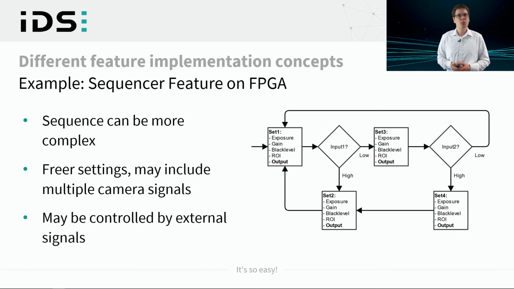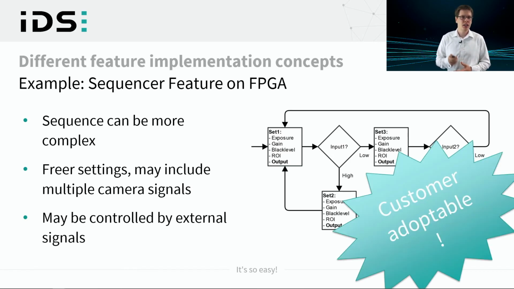This is a simple example why often FPGA implementations are of wider use, especially this is adaptable to customer needs. Also, the previous arguments for the image pipeline implementation at FPGA level are valid for feature implementations, like less effort for a new sensor for a camera family or higher product quality in terms of stability and testing.